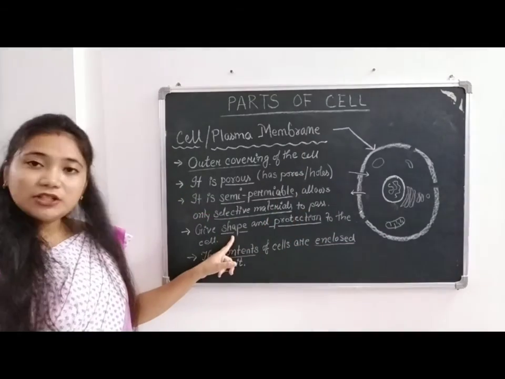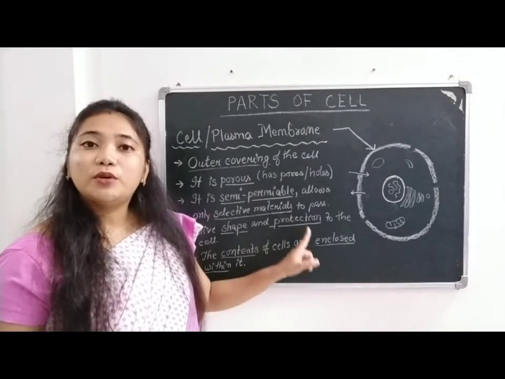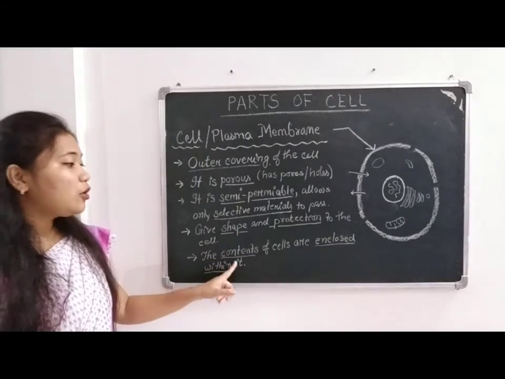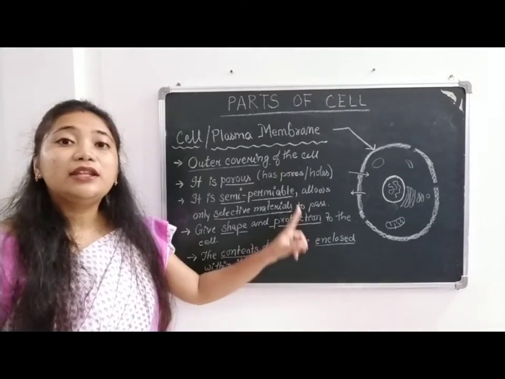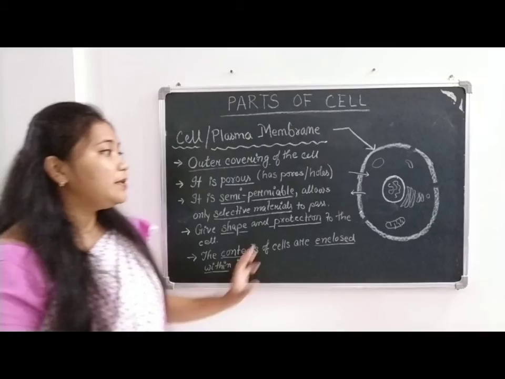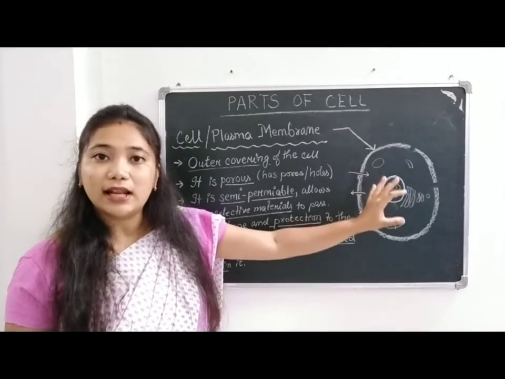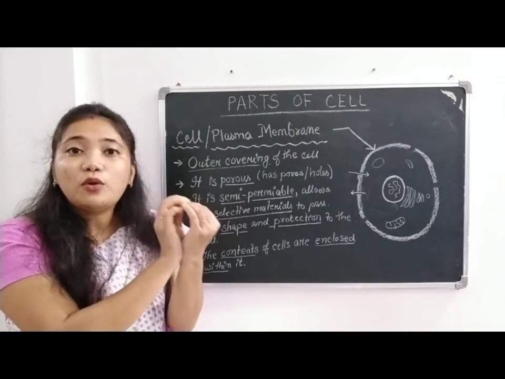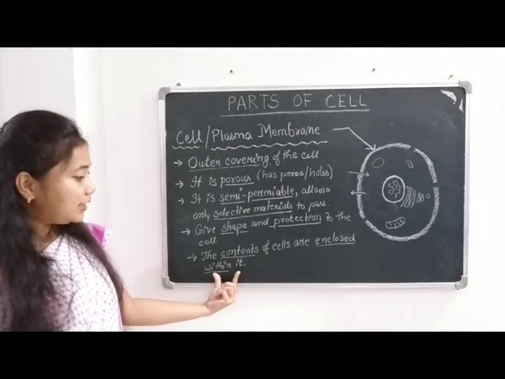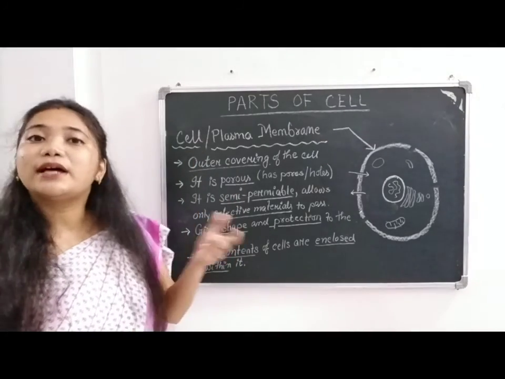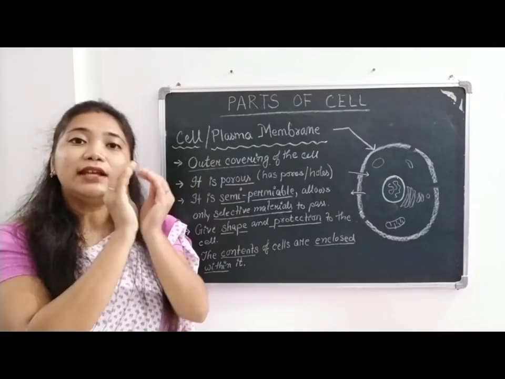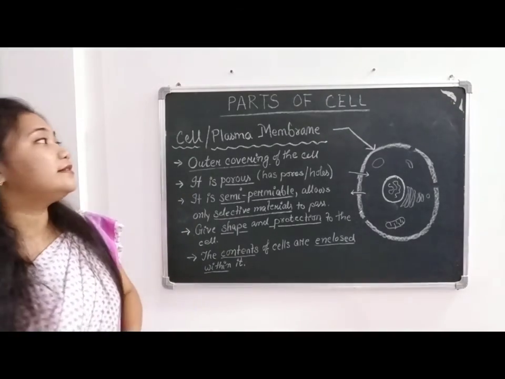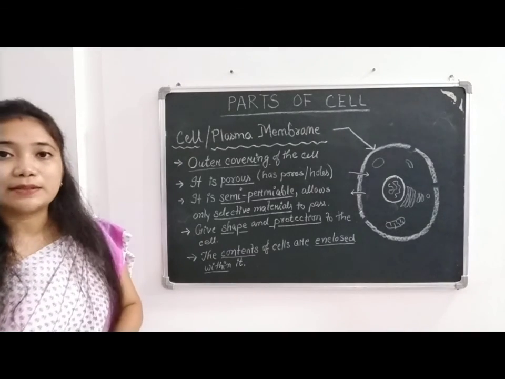So it will give shape as well as protection to the cell. Lastly, the contents of the cell are enclosed within it. Contents means whatever is present inside the cell. Everything will be enclosed within the cell or the plasma membrane. So it will contain everything inside of it. So these are the features or the characteristics of the cell or the plasma membrane.